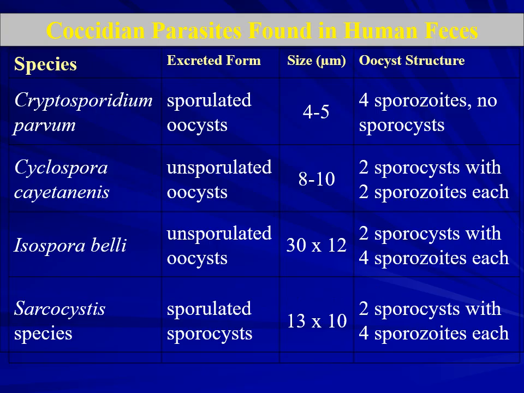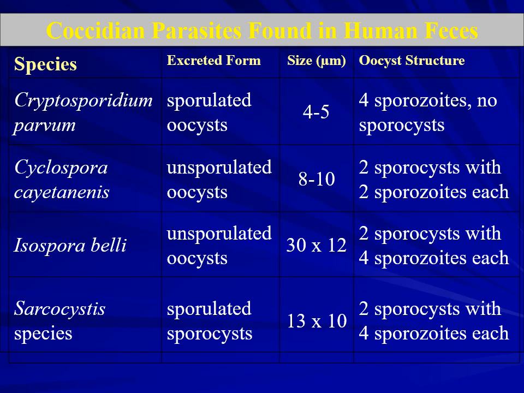As a summary of the oocyst structure in the three covered intestinal sporozoan parasites, Cryptosporidium, Cyclospora, and Isospora, remember that Cryptosporidium parvum oocysts are excreted directly as sporulated, and they contain four sporozoites with no sporocysts. So their sporozoites are naked, and these oocysts are directly sporulated, thus infective.